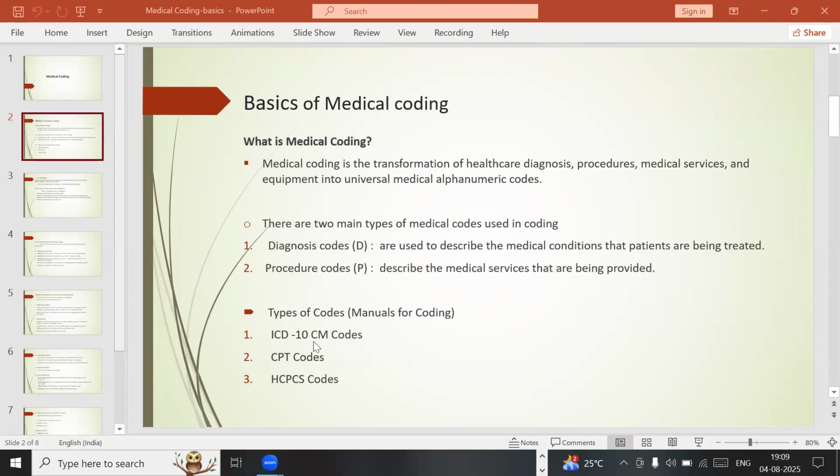These are the modules we have for the CPC exam, and these are the manuals we follow when reporting diagnosis codes or procedure codes as a medical coder: ICD-10-CM codes, CPT codes, and HCPCS codes. We will discuss each one by one.